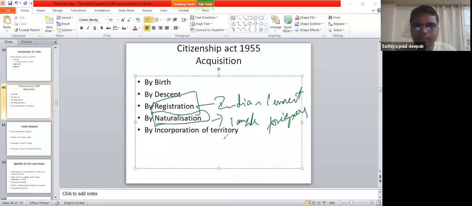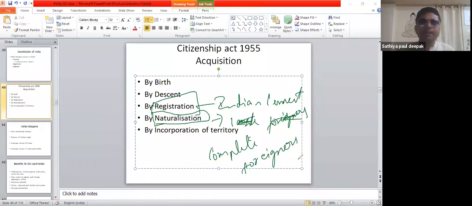When I say Indian connection, their forefathers might have been Indian, their fathers might have been Indian, or they are married to an Indian. So there is some kind of connection with India. Naturalization is for a complete foreigner, which means they have no relation with India, no origin. They are completely foreign in origin, but still they want to become Indian citizens. They can do so by naturalization.